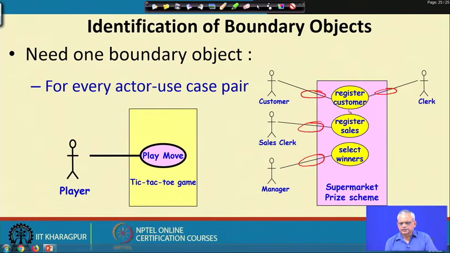And there are three controller classes: register customer controller, register sales controller, and select winner controller. And as we had discussed in the last lecture, the boundary is for the user interface, for the user input and output to the user taken care by the boundary class, whereas the controller class has the overall control of executing the use case.